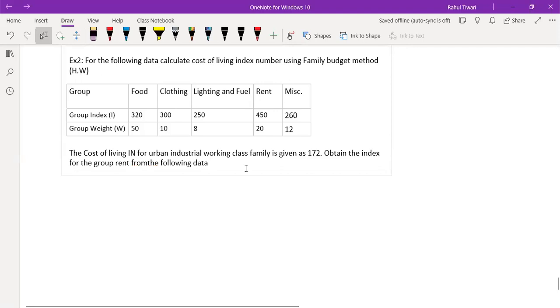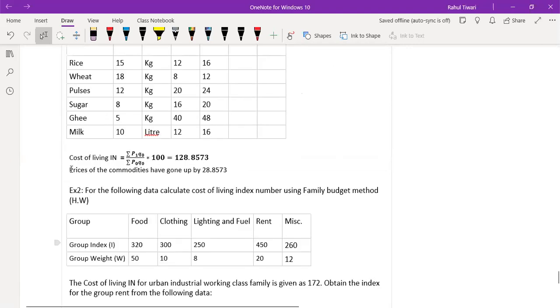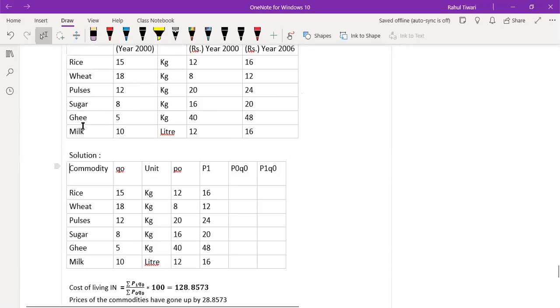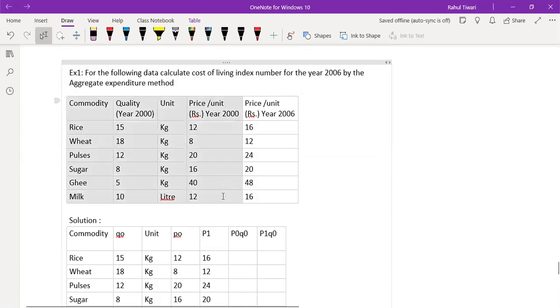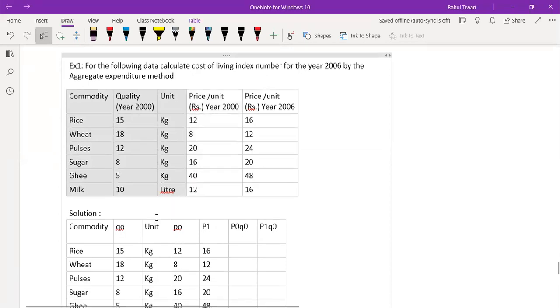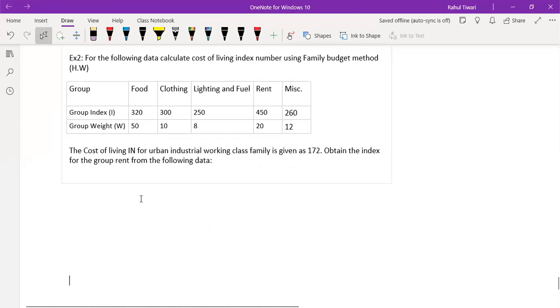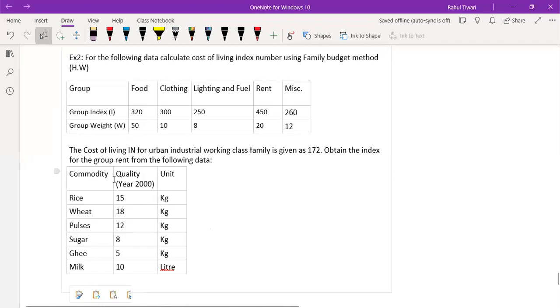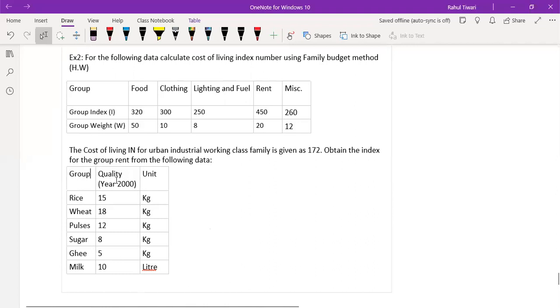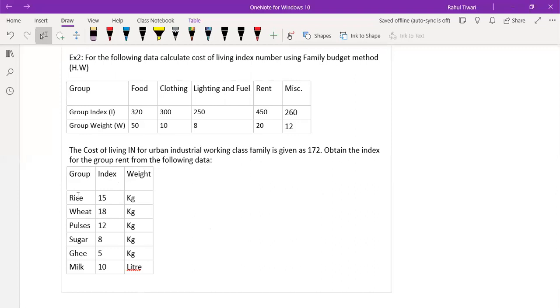From the following data, suppose these are some of the groups I have. This is my group, this is my index, this is my weight. So let me write somewhere here: 1, 2, 3, 4, 5.